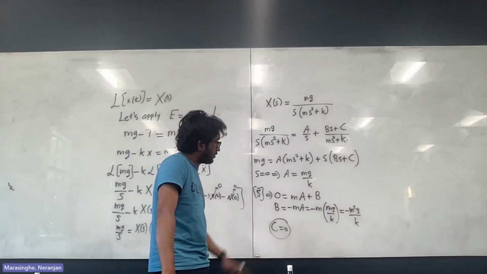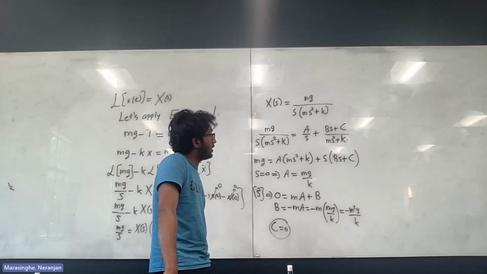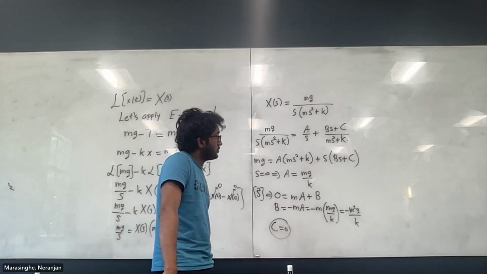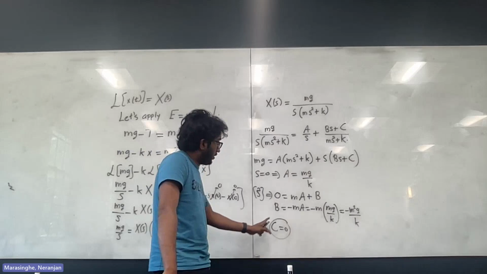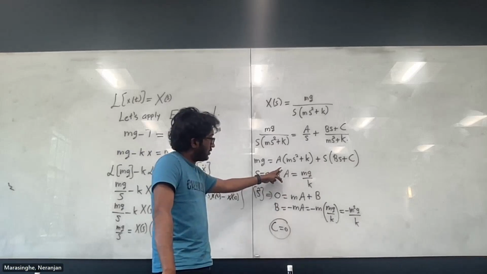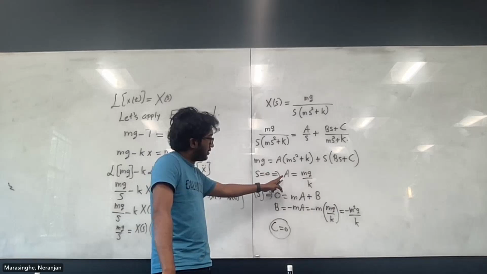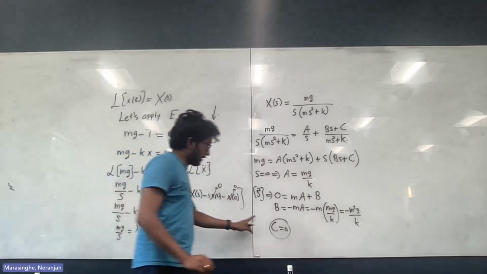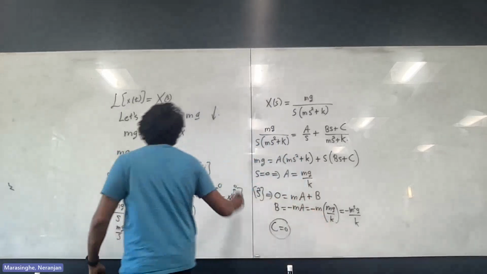Now I have the partial fraction decomposition. Now A equals mg divided by K. Yeah, the answer is correct. So let's move on.